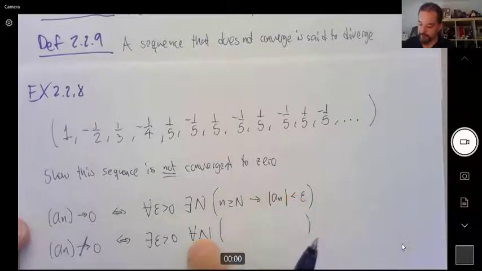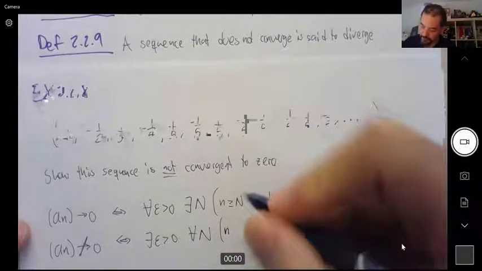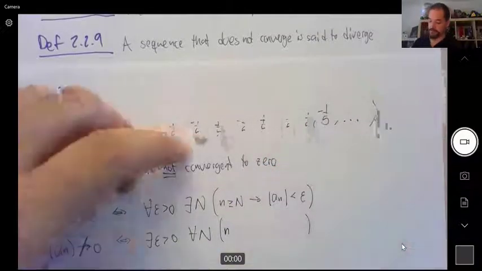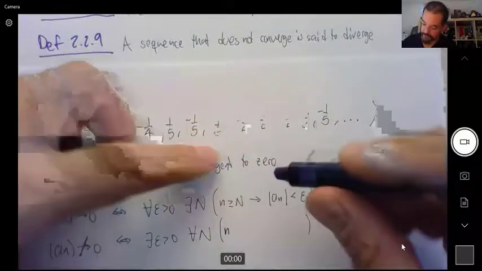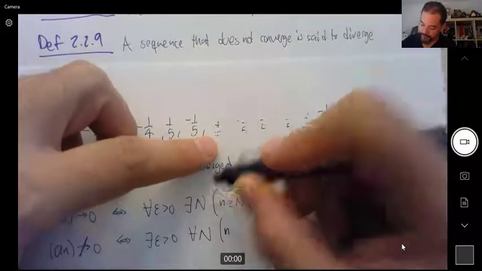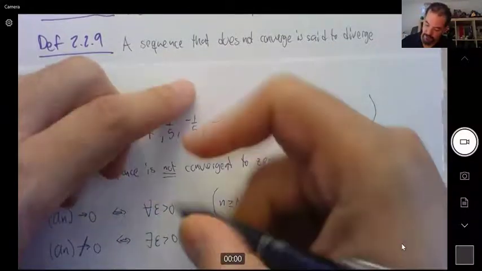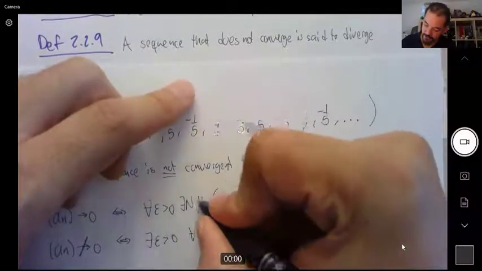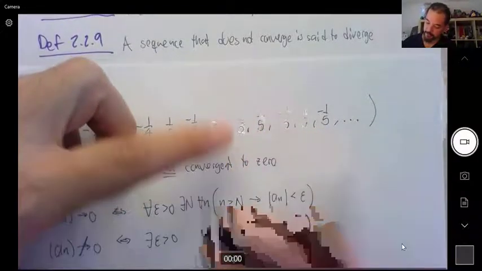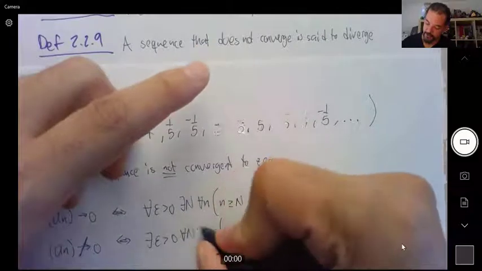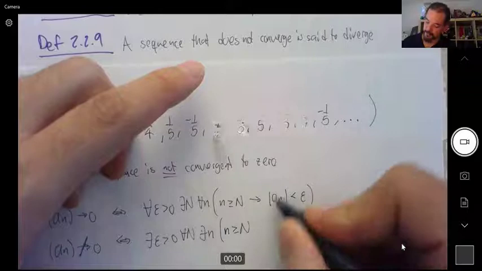So for every capital N, there is some n bigger than, well, there's another quantifier that I didn't write, which is a universal one for little n. It would be for every capital N, there exists a little n such that the first part happens, but the second one doesn't.